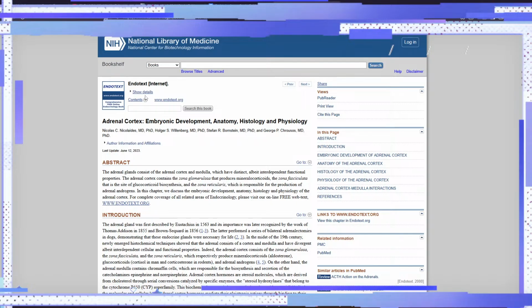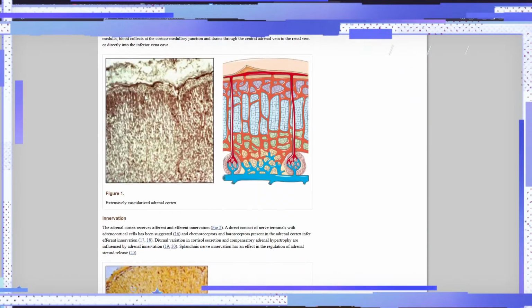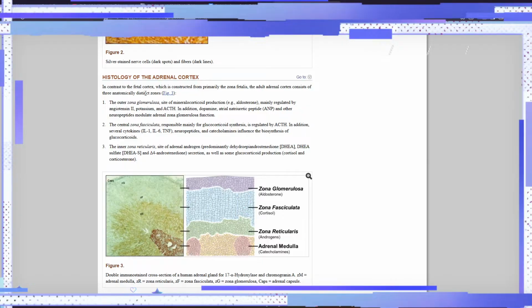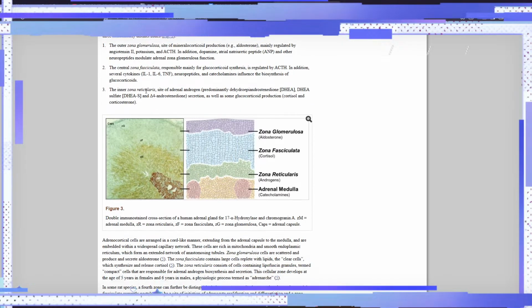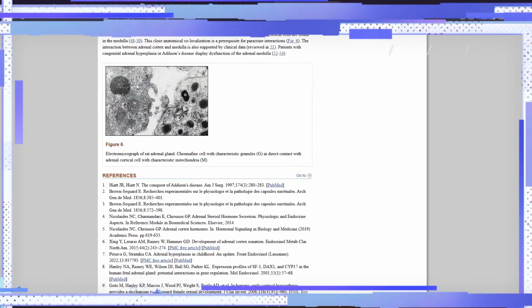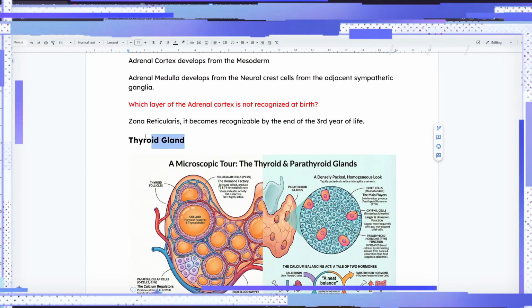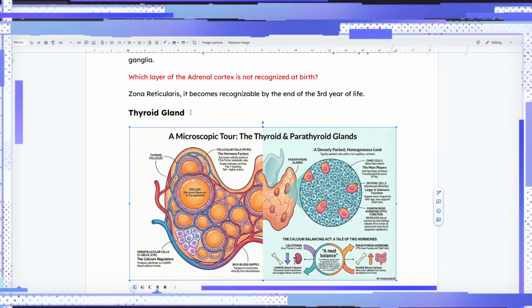Any pictures? Please show me pictures. No pictures. Thyroid gland. Awesome.